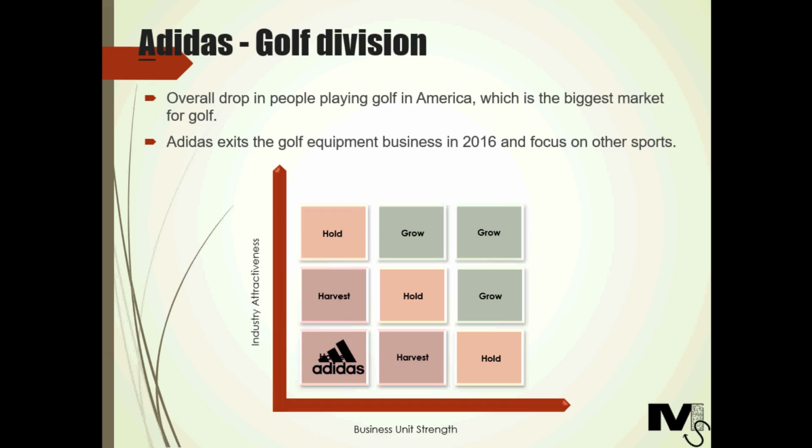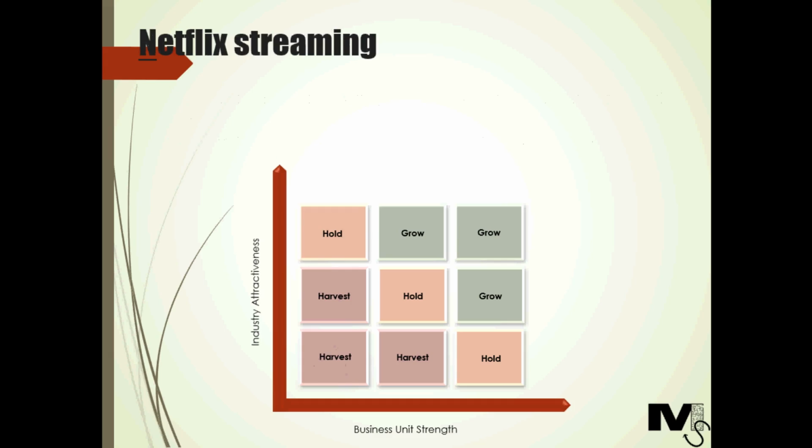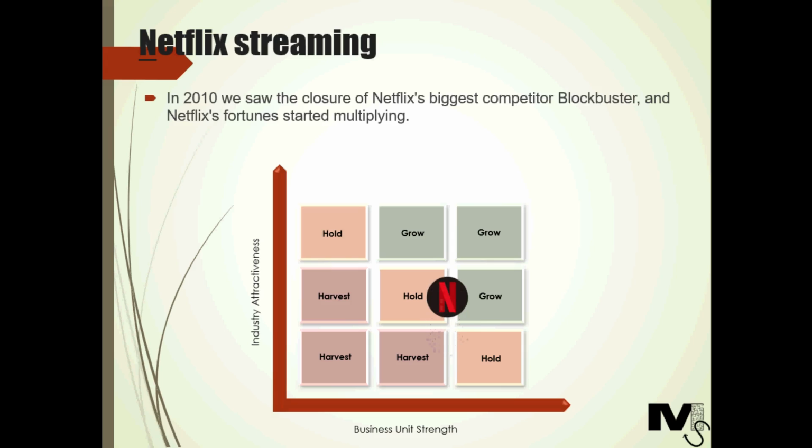A positive growth example has to be Netflix's streaming service, which actually accounted for a tiny portion of its overall business back in 2007. The primary business model back then was still DVD rentals. In 2010, we saw the closure of Netflix's biggest competitor, Blockbuster, and Netflix's fortunes started multiplying.